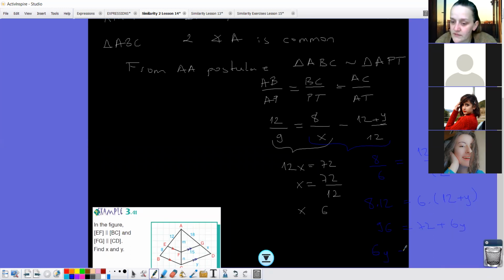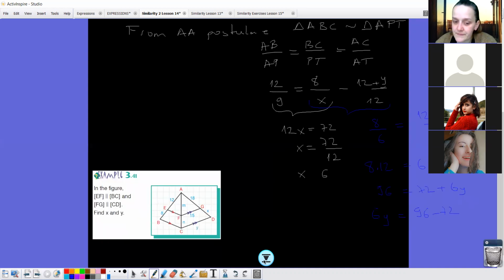Then 6y is equal to 96 minus 72, which is 24. Then y is 4.